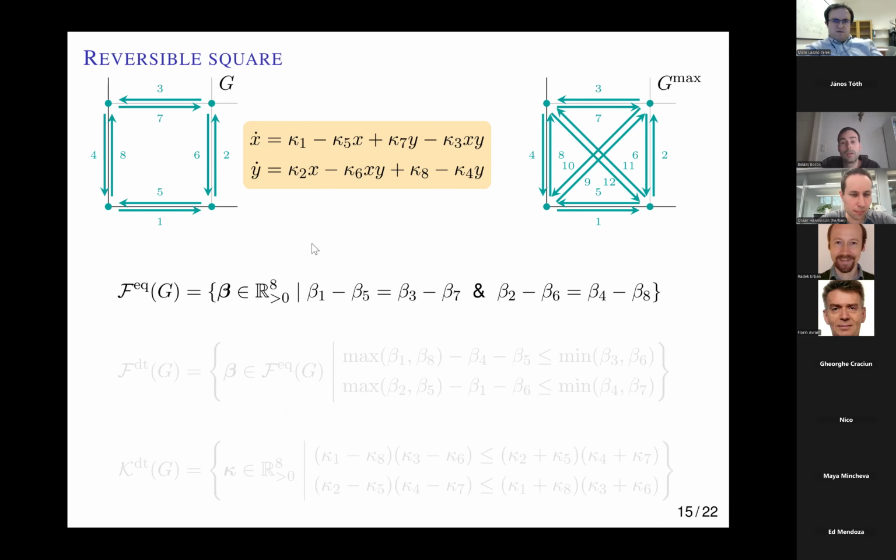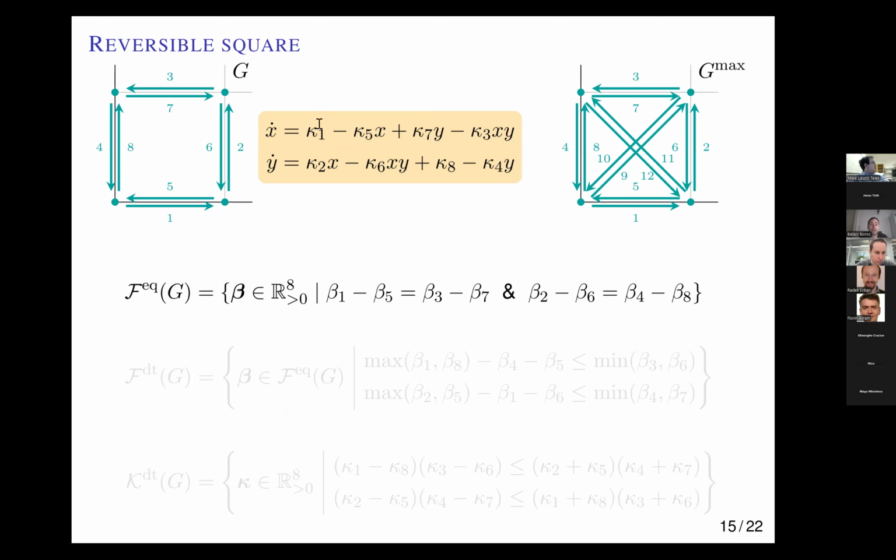By an equilibrium flux, obviously what I mean is I simply denote, instead of kappa 1, beta 1, just because that's the flux, that's the zero complex here. For this reaction here, instead of kappa 6, I multiply by the monomial, so kappa 6 times xy is going to be my beta 6, and then I get an equation.